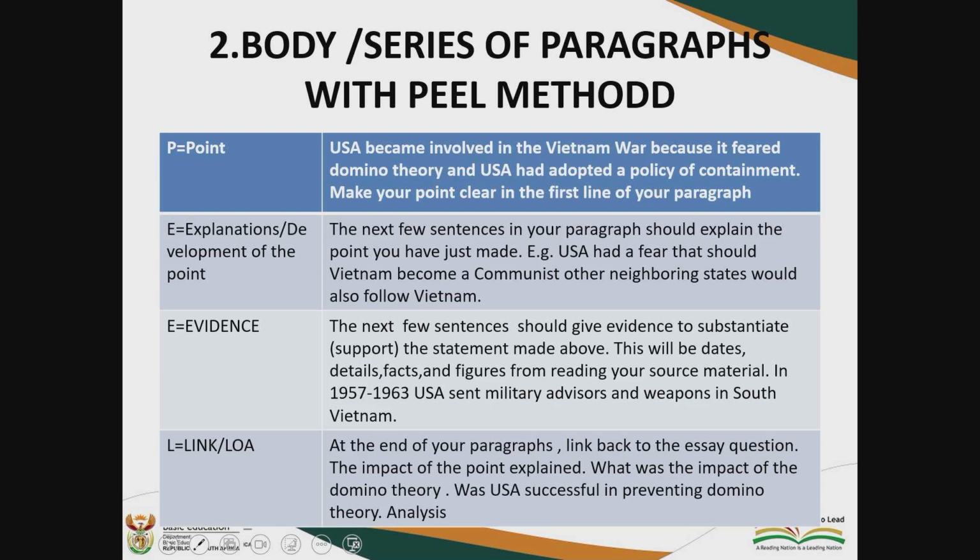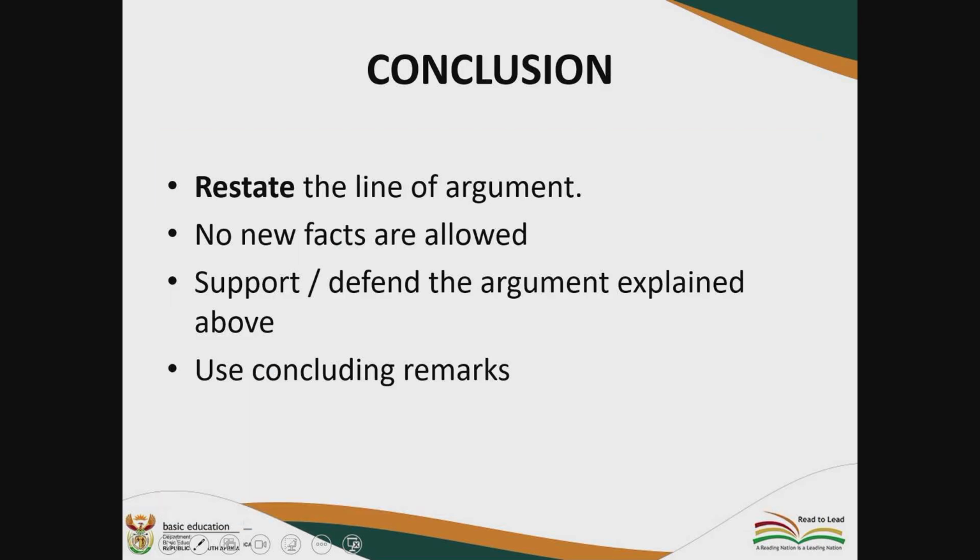Then when you are closing a paragraph, please don't close without linking it to the question. Look back: what was the question all about? At the end of your paragraph, link back to the essay question, the impact of the point explained. What was the impact of the domino theory, for instance, in this essay? Was USA successful in preventing the domino theory? So make sure that you always analyze. That is very important in history.